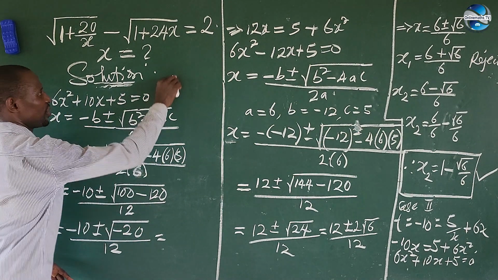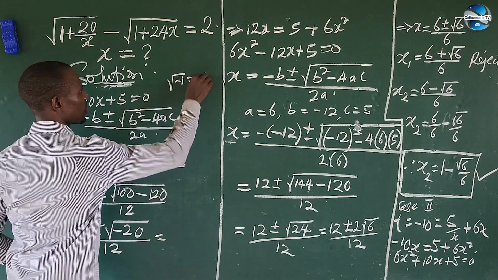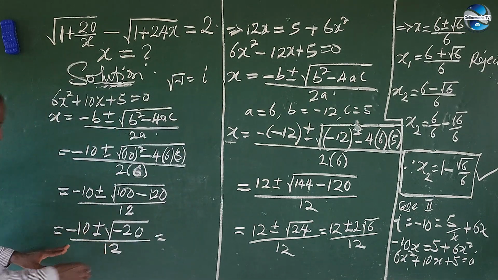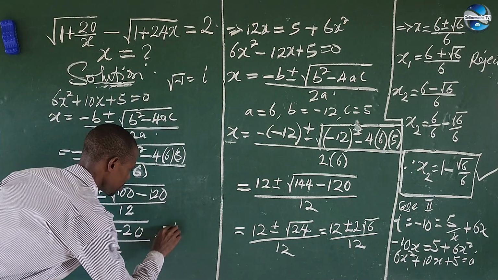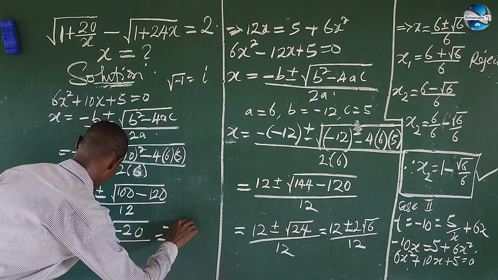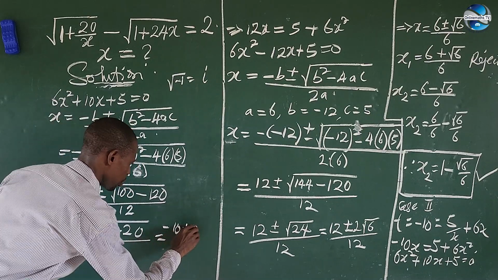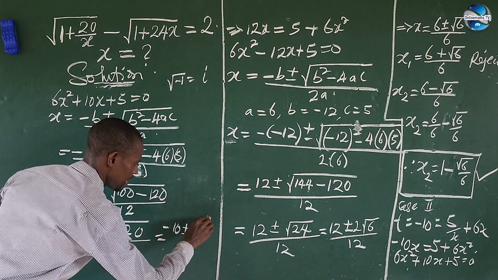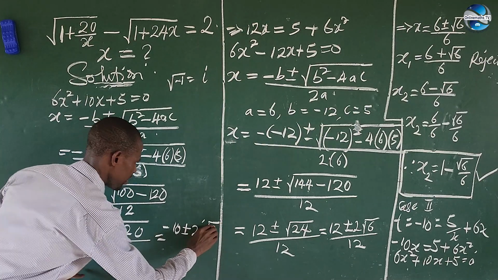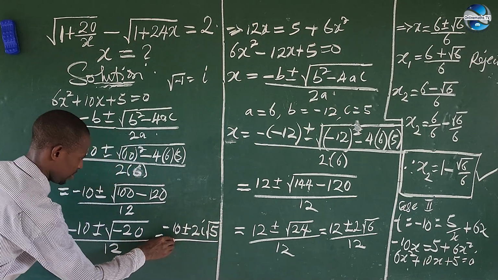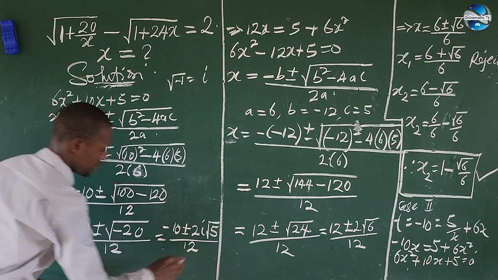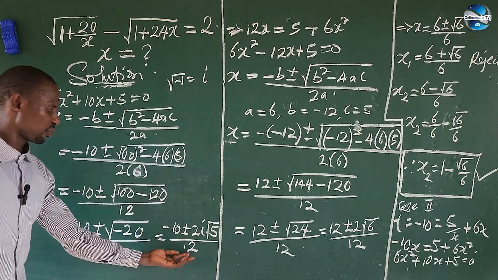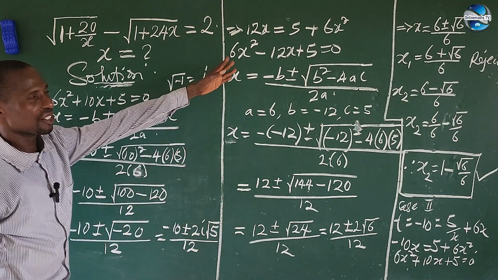Remember that the square root of minus 1 is equal to iota. Rewriting this, we have minus 10 plus or minus 2 iota times the square root of 5, all over 12. So we can factor out 2 from here.